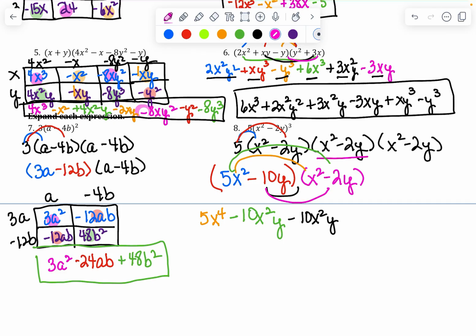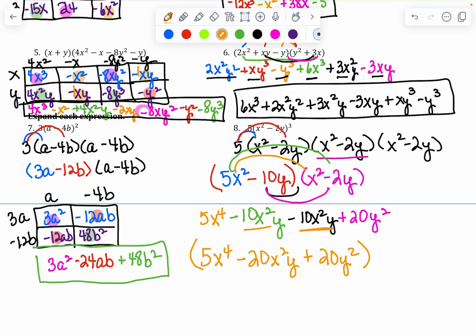And this one would be a positive 20y squared. So before I keep going, I'm going to go ahead and combine these two things right here. So that would be a 5x to the fourth minus a 20x squared y plus your 20y squared.